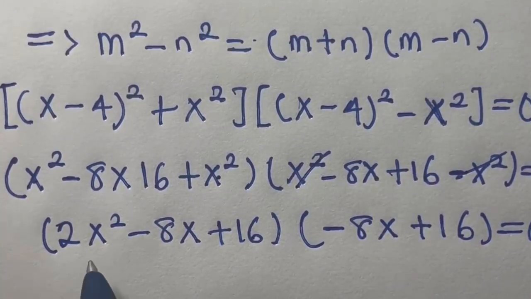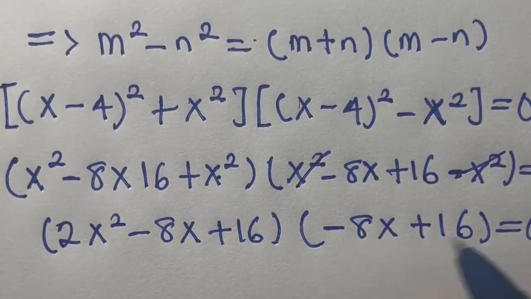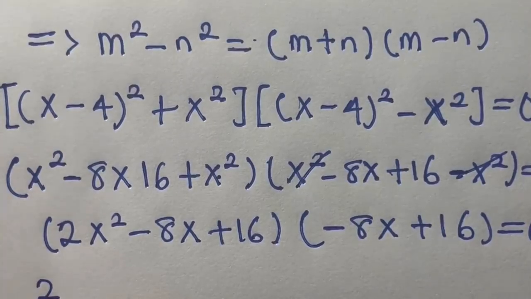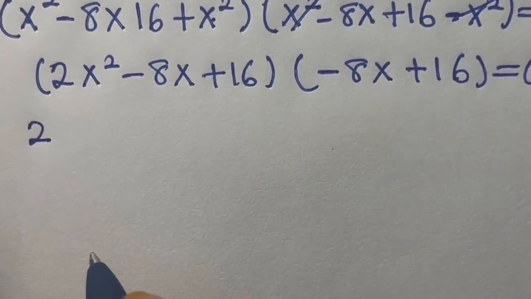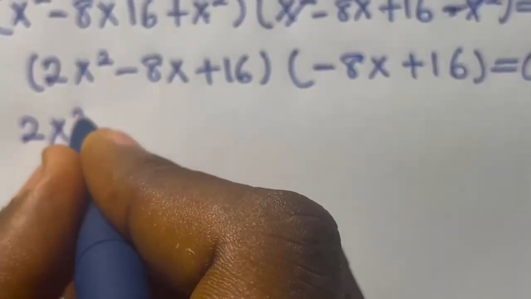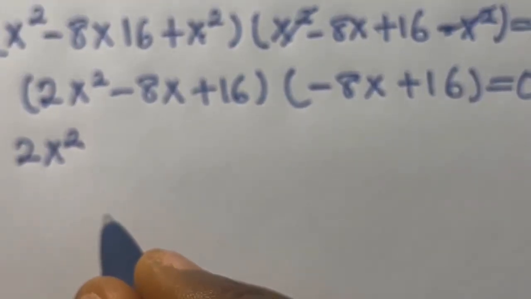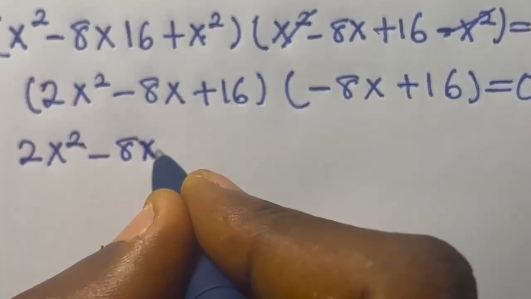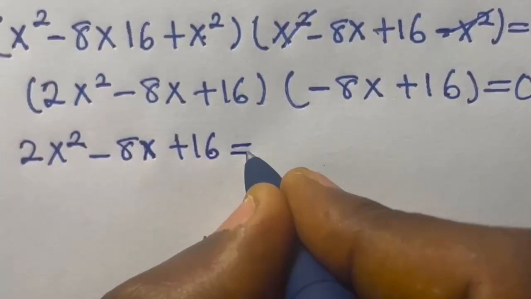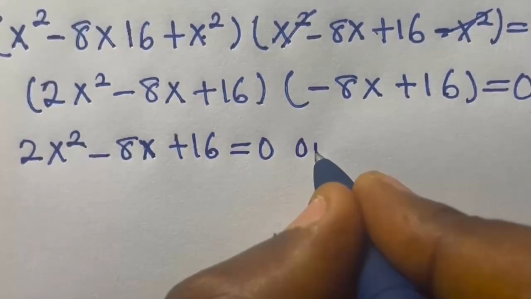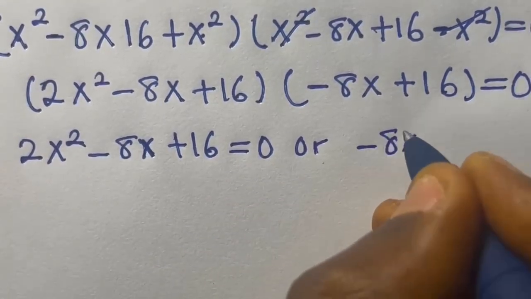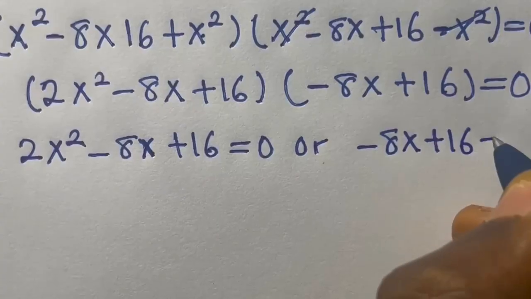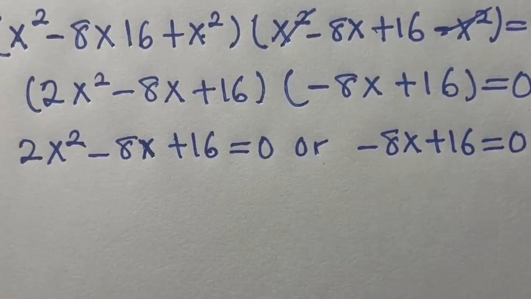What this implies is this equals 0 and this equals 0. So we have 2x squared minus 8x plus 16 equals 0, or minus 8x plus 16 equals 0.